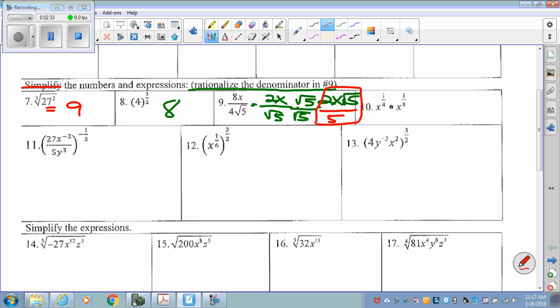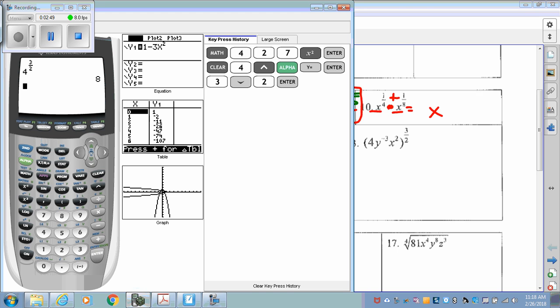And then now for number 10, I've got the same base, right, as x. So the base stays the same, and if I'm multiplying, I add my exponents. So I'm going to take 1/4 plus 1/8. I'll do that on my calculator. Alright, so alpha y equals, to get a fraction, hit enter. Then 1/4, arrow over, and then I'm adding.